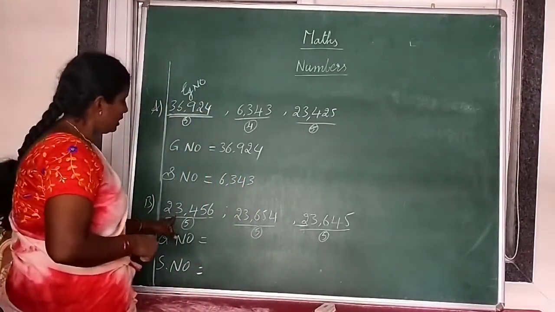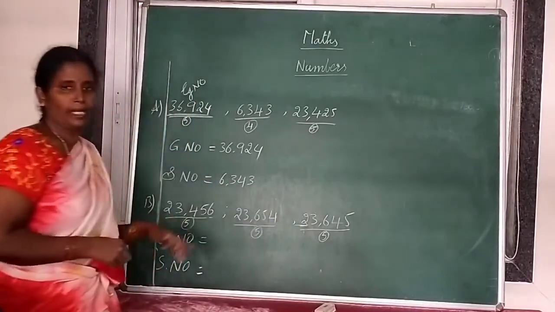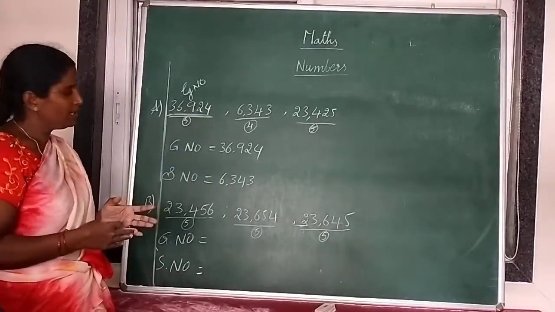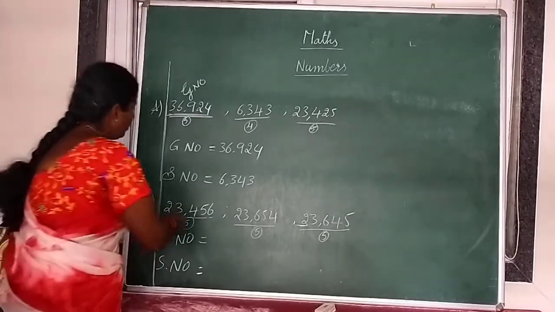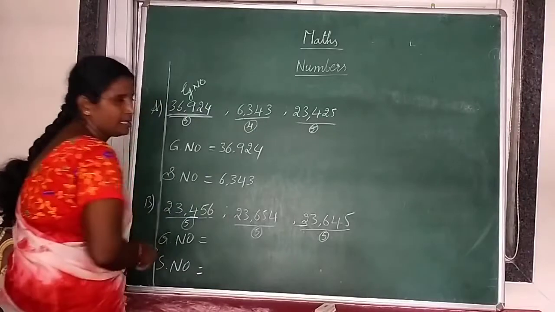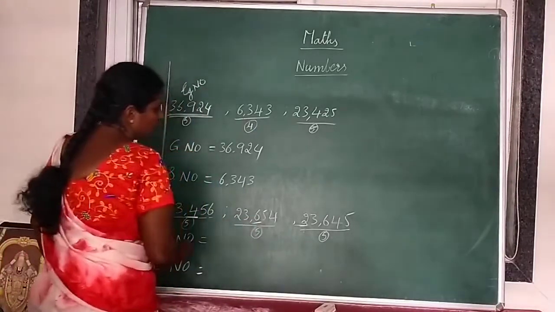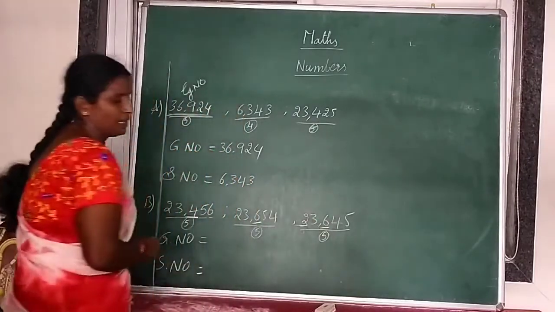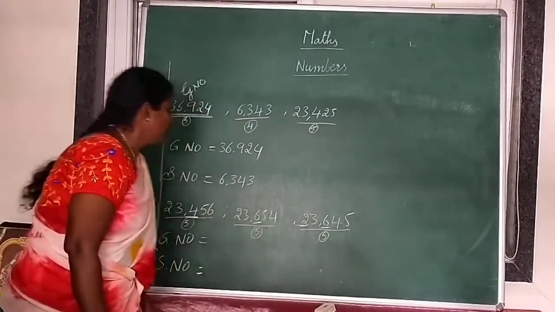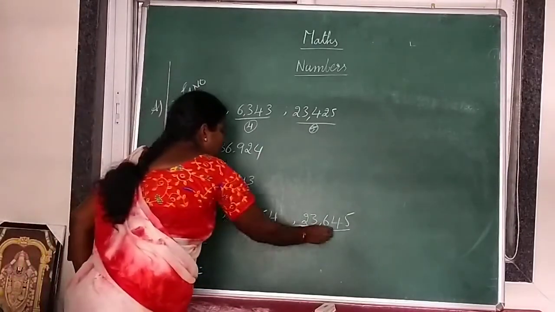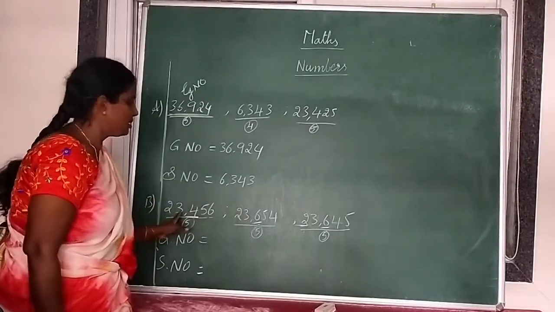And next 3, 3, 3. This is also the same. The 10,000s place digits and 1000s place digits are the same. So we have to compare hundreds place digits. 4 in hundreds place, 6 in hundreds place, and 6 in hundreds place. 4, 6, 6. So these two are the same. And this is smaller than these.